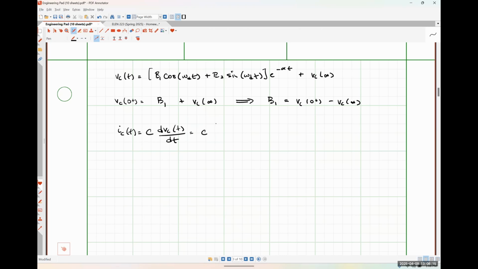So we would have C, and then we would just pull this from the table. I'm doing this from memory, so I think it's omega d B2 minus alpha B1, minus omega d B1 plus alpha B2. I forgot the cosines and the sines there.